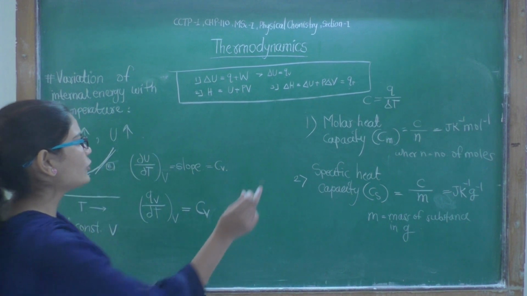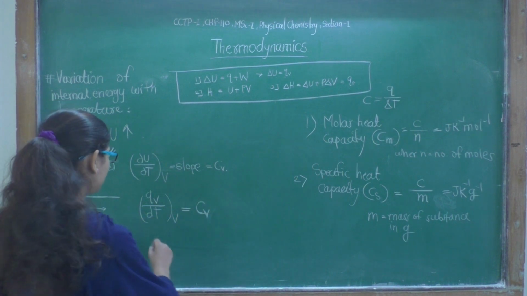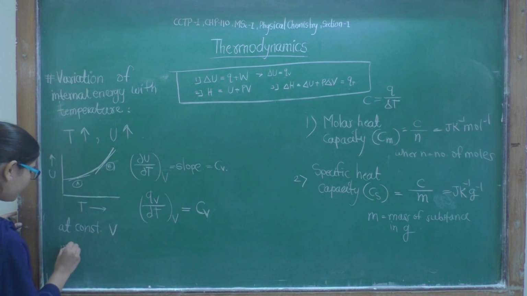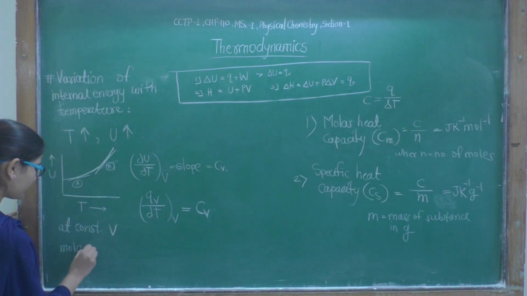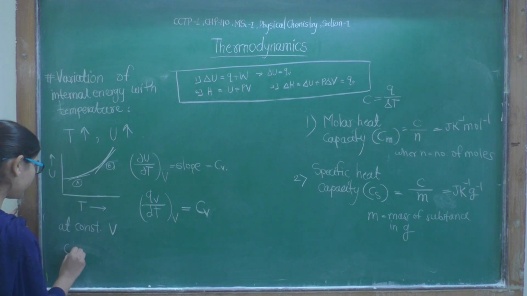And again, for molar heat capacity at constant volume, CV by N. Molar heat capacity at constant volume will be equal to CVM. It is denoted by CVM.